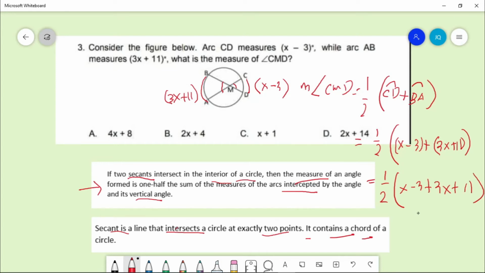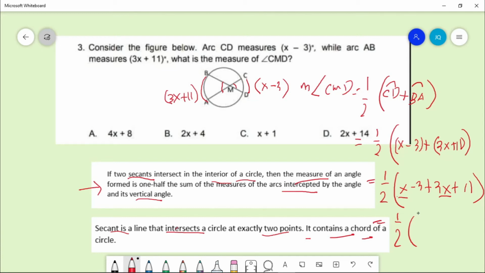So equals 1/2, then combine like terms, which means terms with the same variable and the same exponent. Since we cannot see an exponent here, let's just focus on the variables and the numbers. Here we have our x and also 3x. The x has an invisible 1. If you only see a variable or a letter, it means there is an invisible number 1.